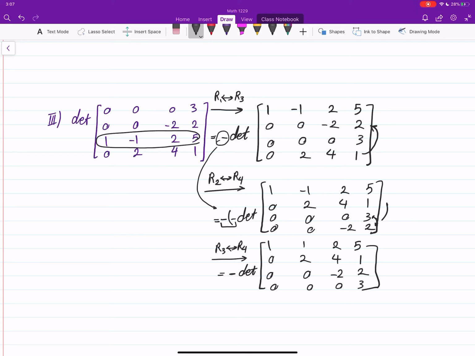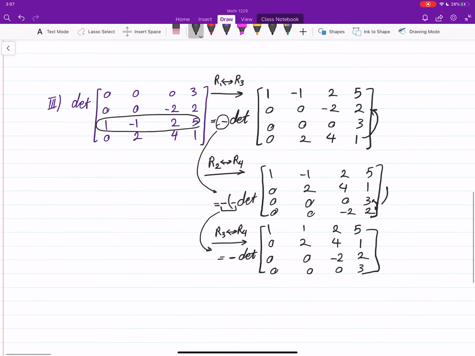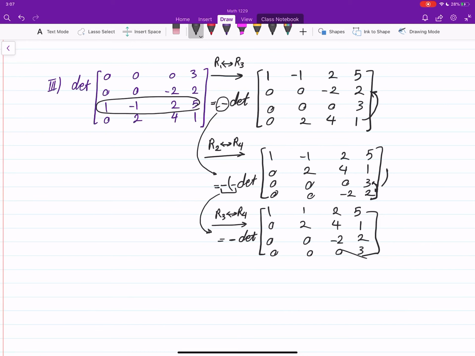From before, we have nothing to carry over. Before, there were two negative signs, they cancel each other. We are almost done. This is an upper triangular matrix, and we know the determinant of an upper triangular matrix is just the product of the entries on the main diagonal. So this is negative 12 times the negative sign. This will give us 12 here.